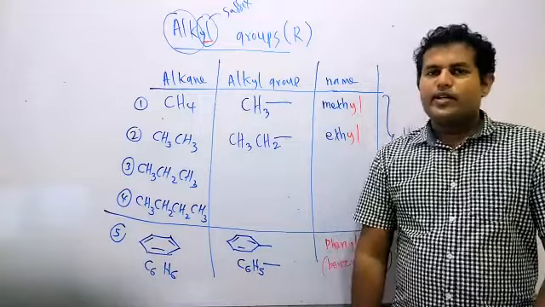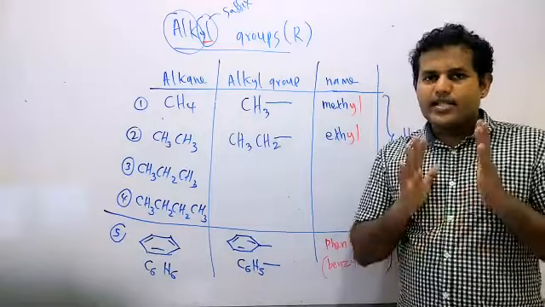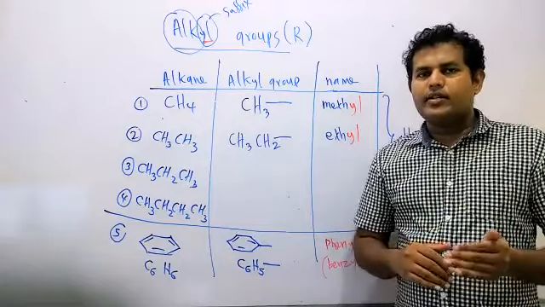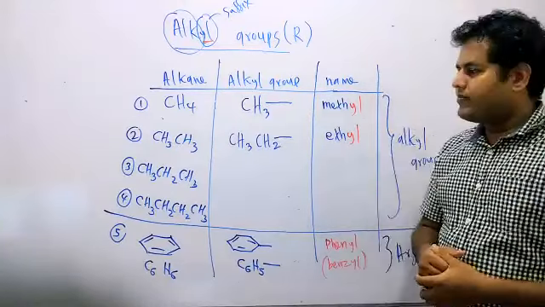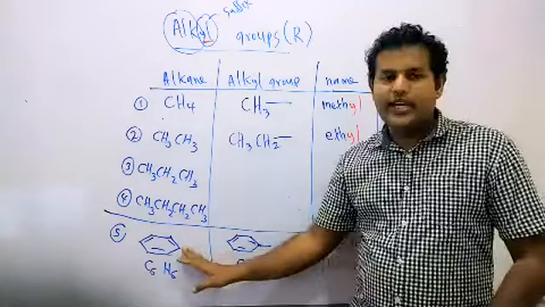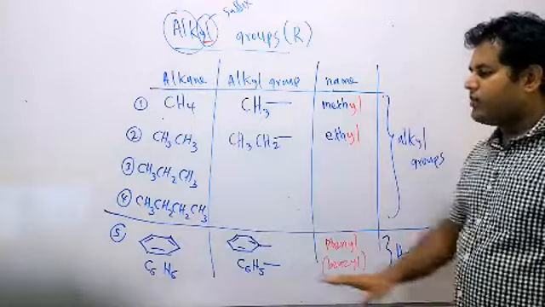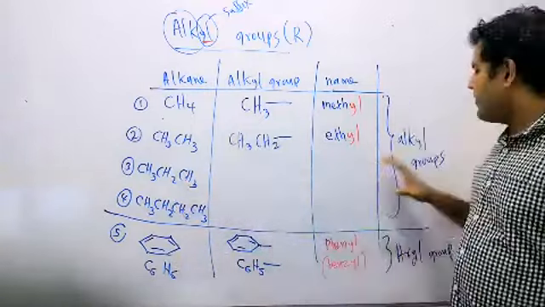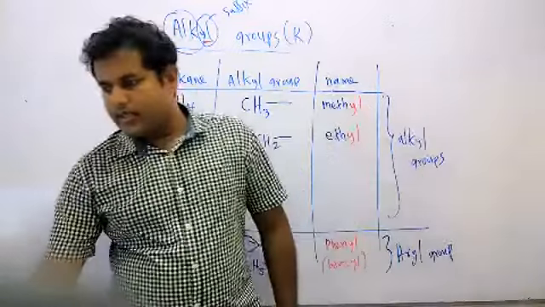Don't think benzene is an alkane. That's why I have separated it and mentioned aryl groups. From benzene you derive aryl groups, while from all the other alkanes you derive alkyl groups. Okay, please write it down.